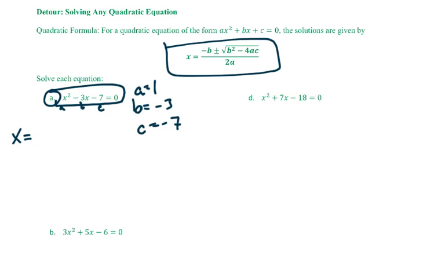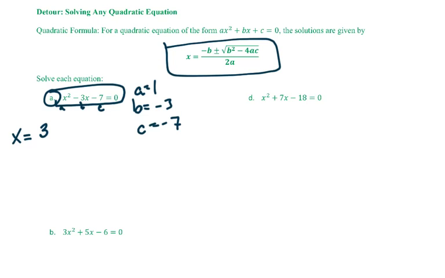So when I'm using the quadratic formula, I want to say negative b, so negative negative 3, which is equal to positive 3. You could write out the negative negative, but I feel like that gets a little more confusing.